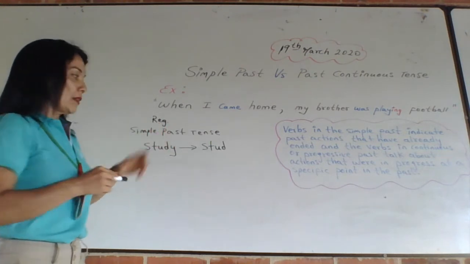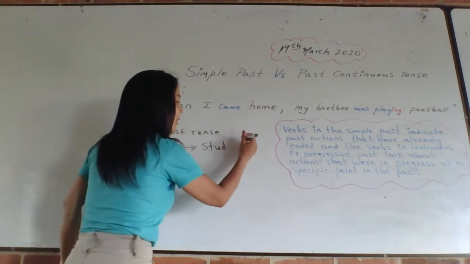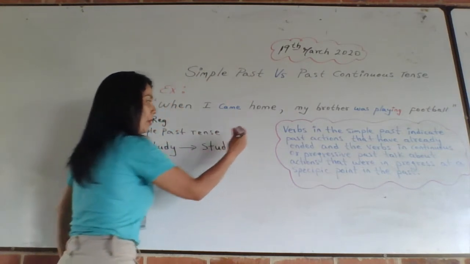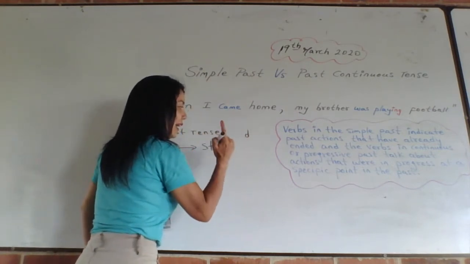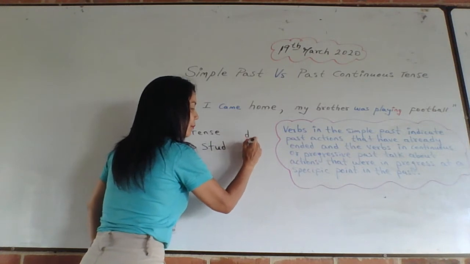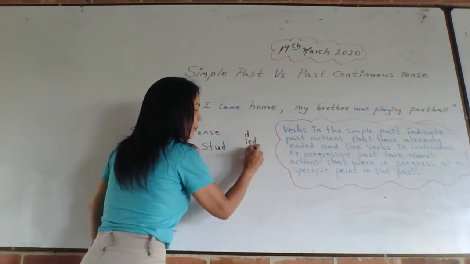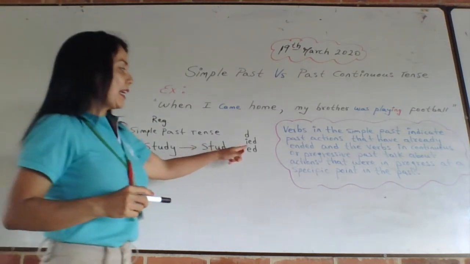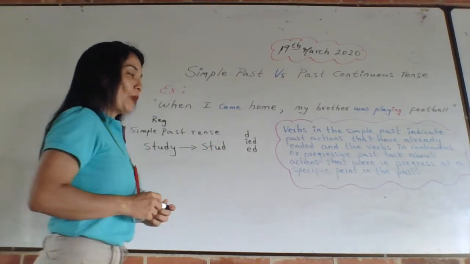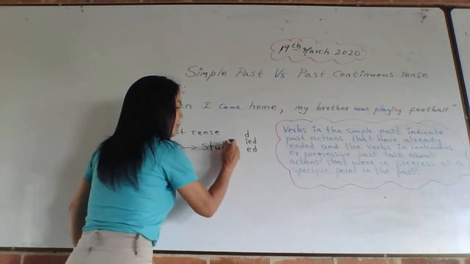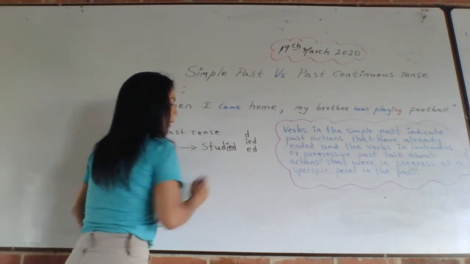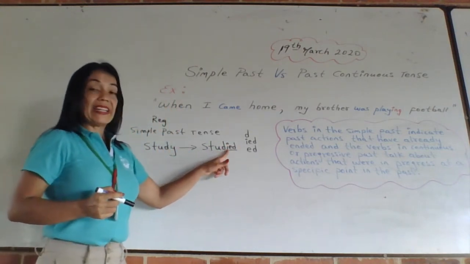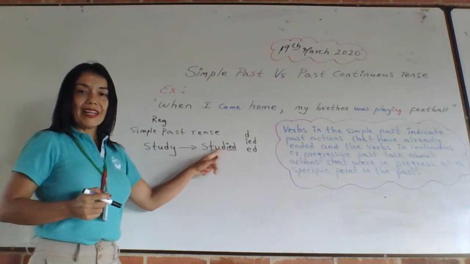The rule says you are going to find at the end of the verb the ending ed, or ied. Well, for this verb, it is ending in ed: started, started.